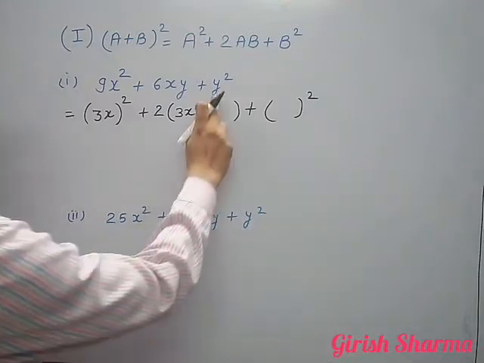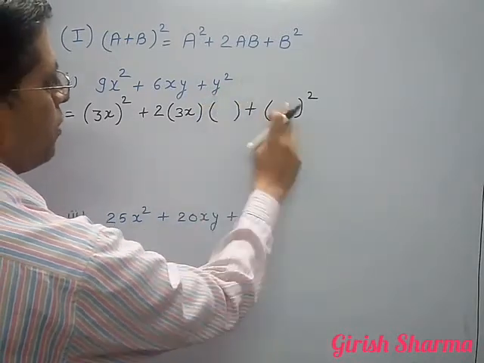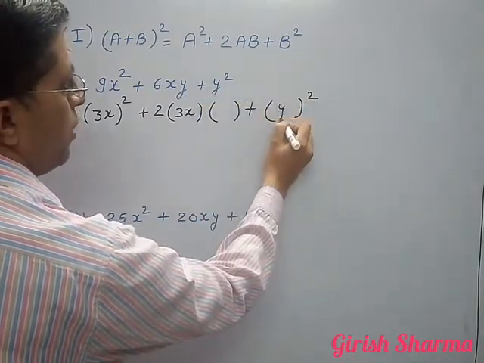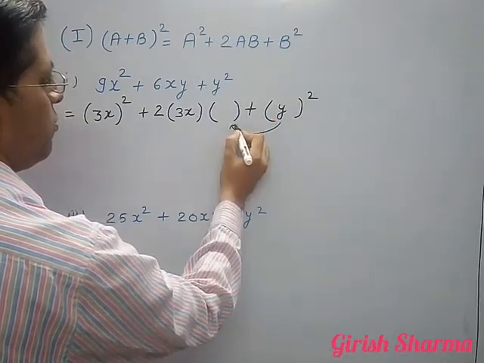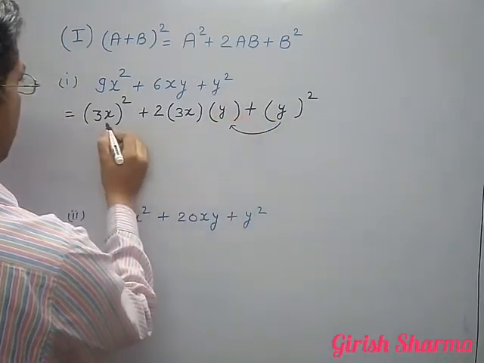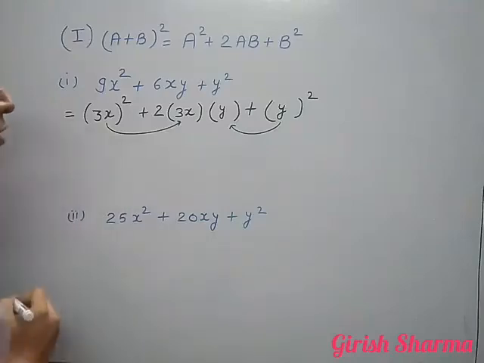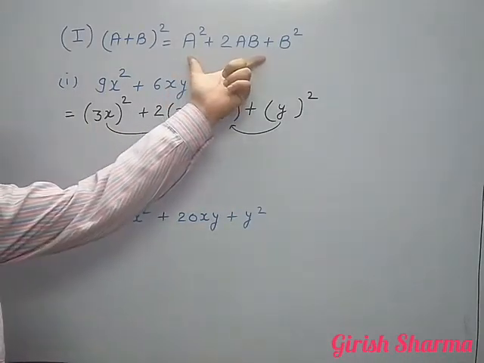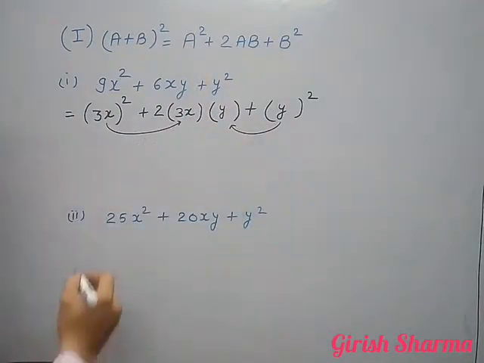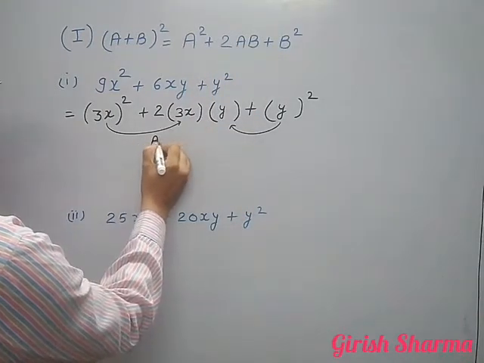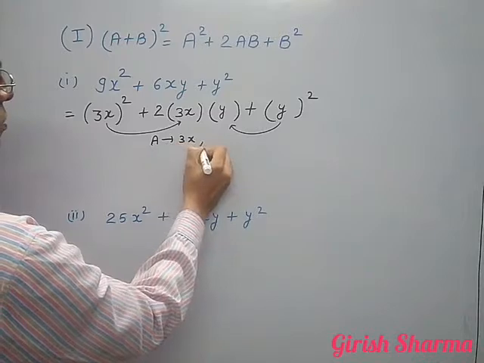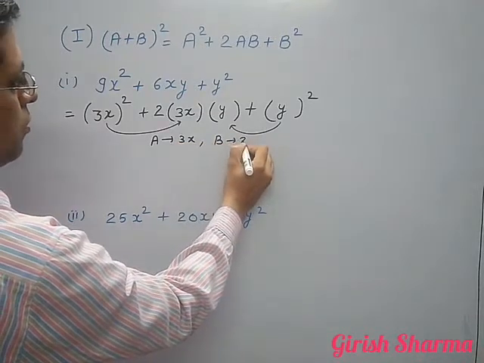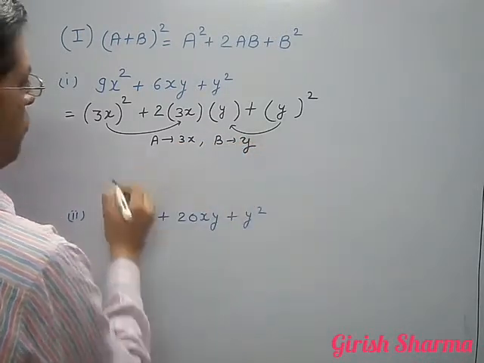Now y square is already here, then y, and whatever the middle term is, you have to write here. Now you compare this and this. Then what will be here? A is your 3x and b is only y.